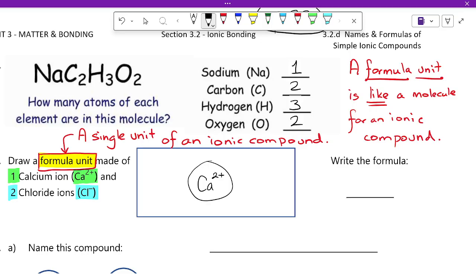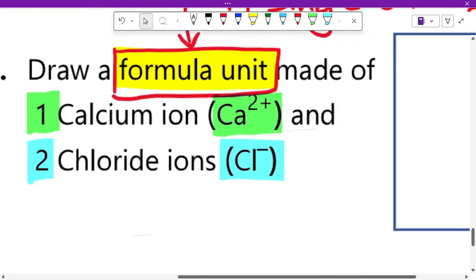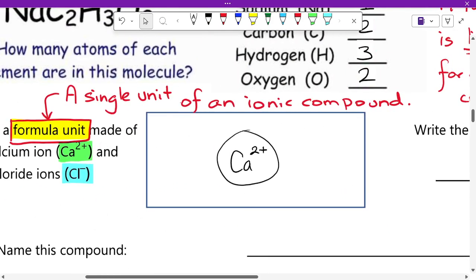And now we have 1 calcium ion. How many chloride ions do we need? Two. So you can put them anywhere you want. I usually tend to put them on either side just because it makes it symmetrical, and compounds tend to be symmetrical.